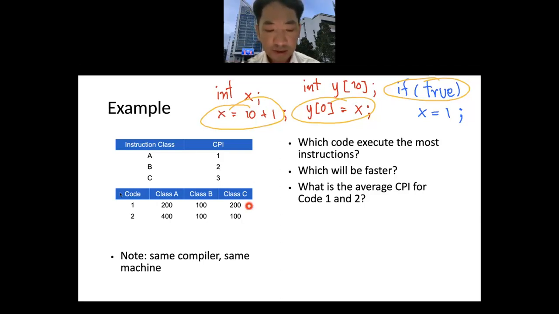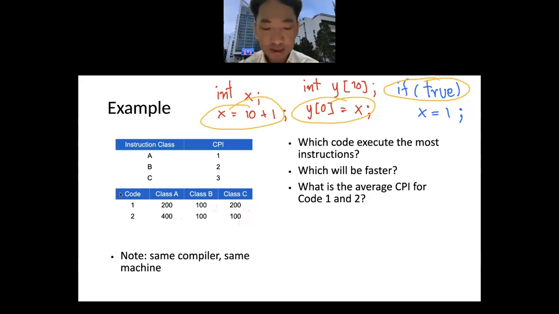Let's say you write code number 1 and the other person writes code number 2. Code number 1 has 200 class A instructions, 100 class B instructions, and 200 class C instructions. Code 2 has different numbers of instructions: 400, 100, and 100 in class A, B, and C respectively.